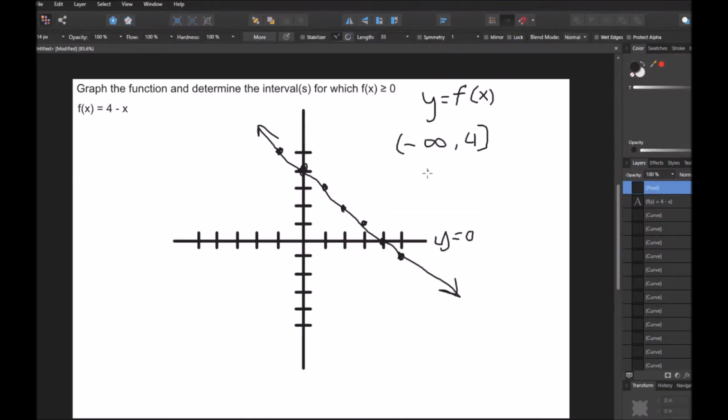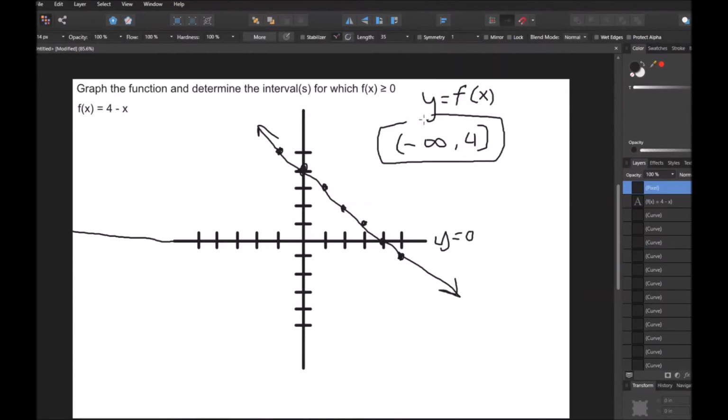So negative infinity refers to an x value, even though you can't represent it as a real number. Just imagine this number line extending way, way, way out. And then as you get closer and you get into these numbers, they're x values, and it goes down to this x value of 4, where y is equal to 0. So that would be my answer.